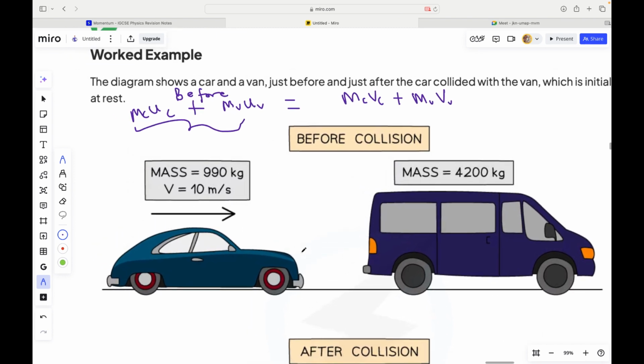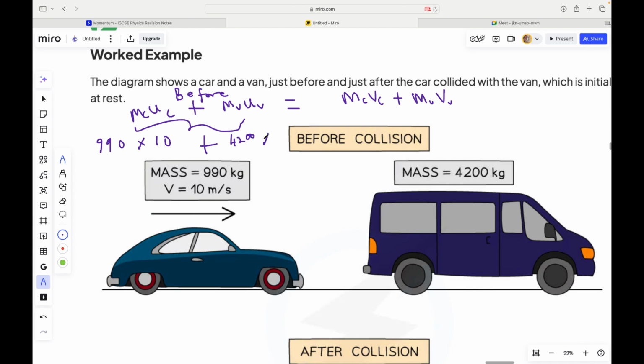Now what we do first, we calculate the total momentum before collision. Before collision, the car has a mass of 990 kilogram. If the mass is not in kilogram, you have to convert to kilogram. 990 kilogram times the speed, which is 10. The van is stationary, so its speed is 0 and its momentum will be 0. 4,200 times 0 is 0.